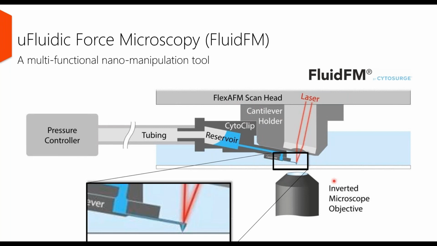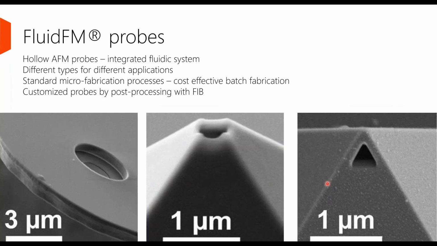So this attaches to the scan head itself. You can put this on an inverted microscope if you wanted to, or you can do a standalone with just a top view. The Fluid-FM comes in a number of different probes. There's a tipless style probe with a large aperture up to 8 microns in diameter. There's more standard AFM cantilever style probes which have a sharp tip, but at the end of the tip there's a small aperture up to 600 nanometers across.